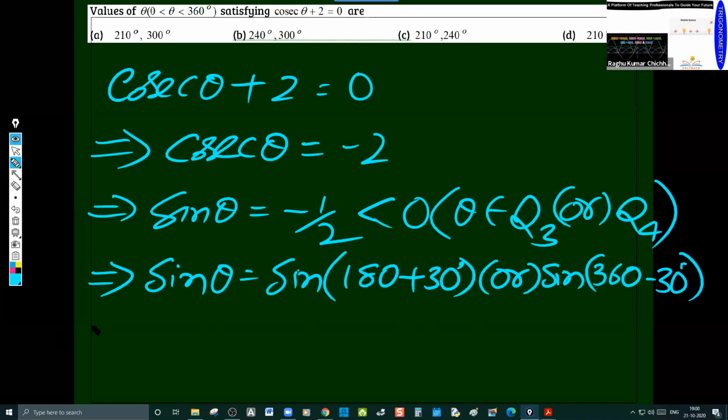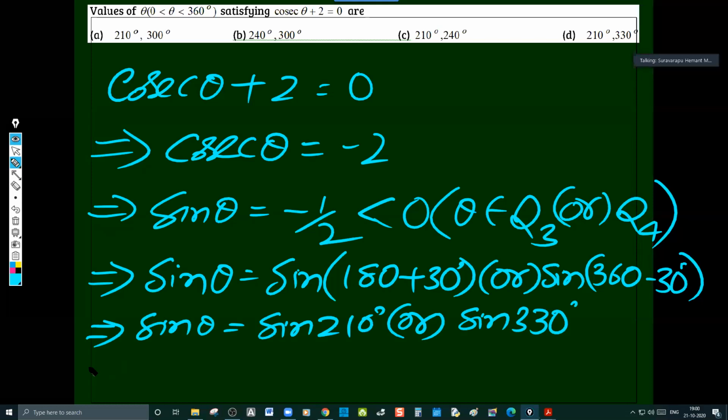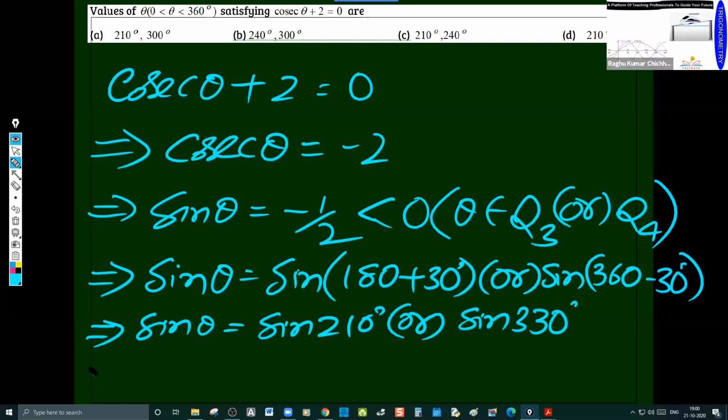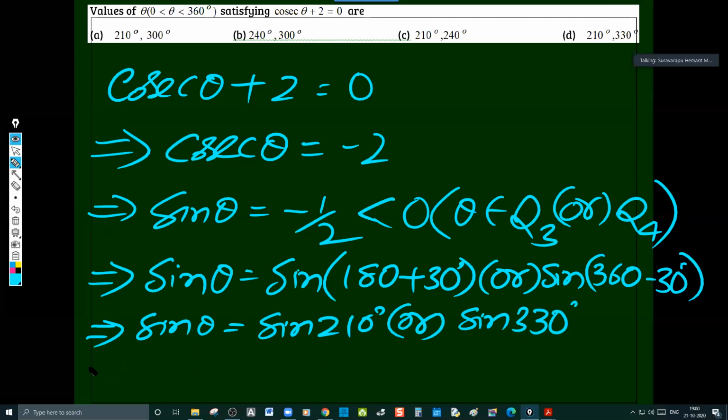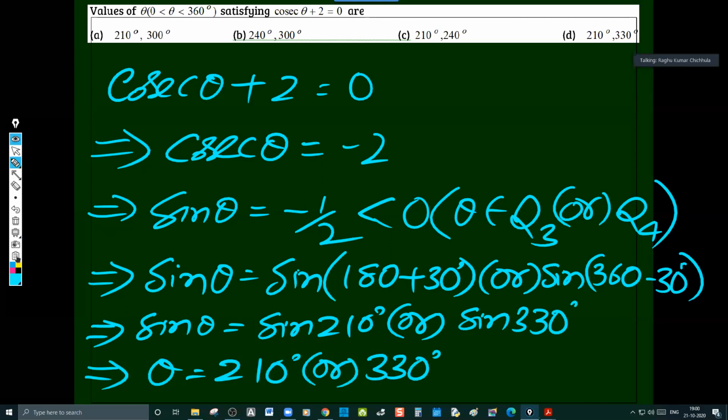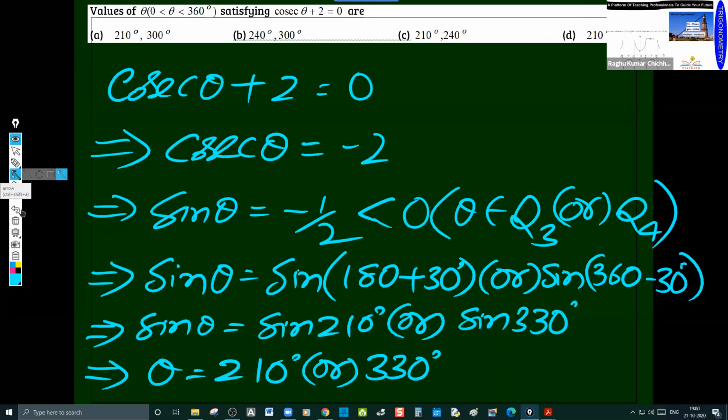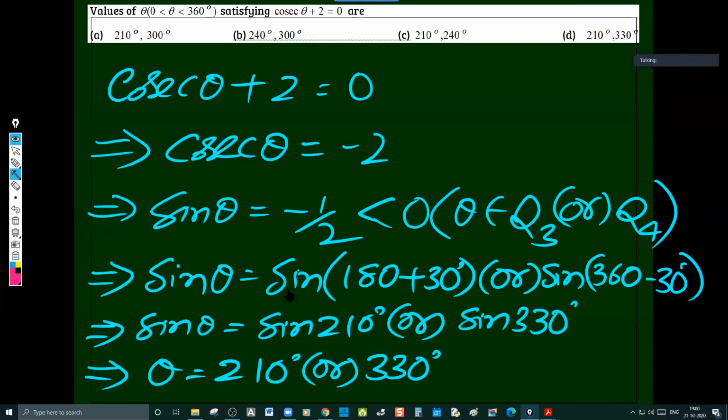Sine of 210 degrees or sine of 330 degrees. Clear or not? Yes, sir. Then what is the theta value? 210 or 330. That's it. So which is the answer in the options? D. D. I think it's clear.